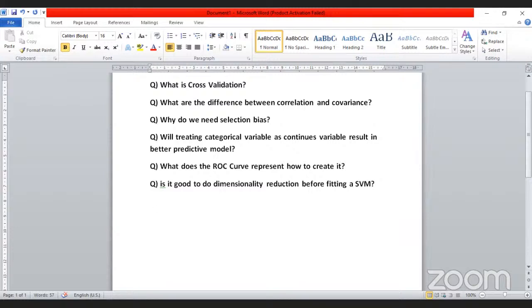If the number of columns is huge, then doing dimensionality reduction for SVM is good, because if we use that data directly, it will consume more time, and the computational time will be too high, right?